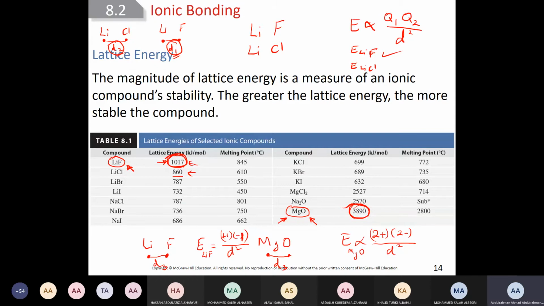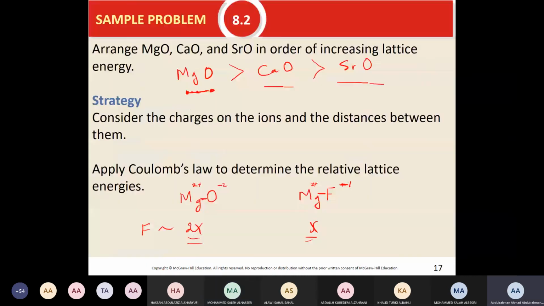It's all positive. And this is the energy required to take something, like, give me the reaction for lithium fluoride. Solid lithium fluoride into what? Lithium ion and fluoride ion. Good.